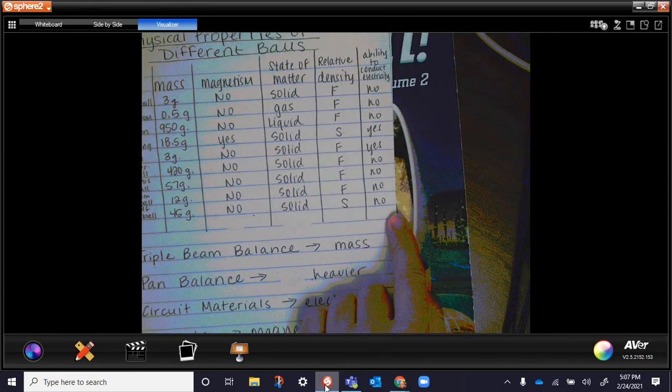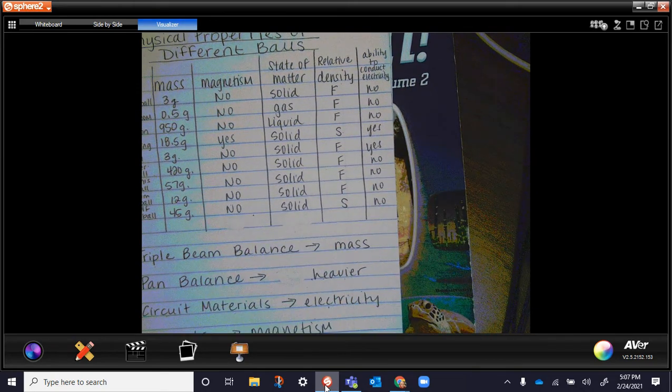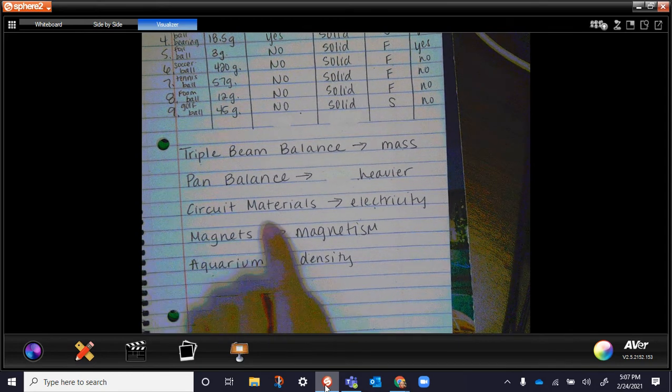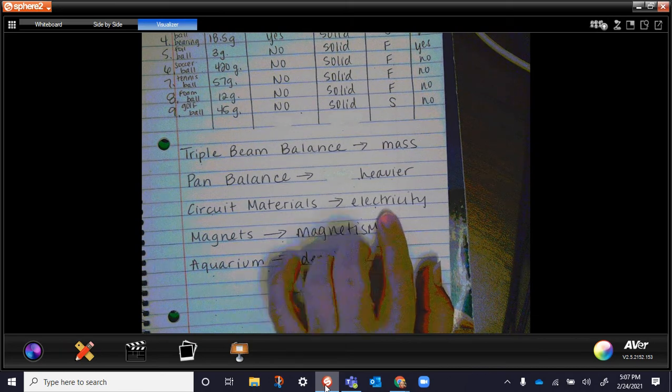Then here, the ability to conduct electricity. If you think back to our circuit lab, where we had the battery and the wires and the light, when you connect those, you're checking to see for the ability to conduct electricity.